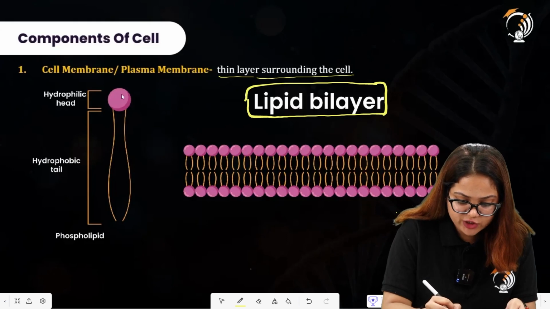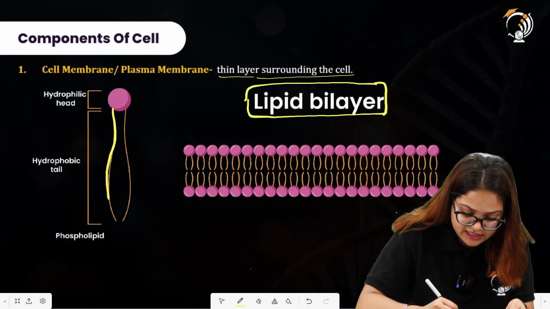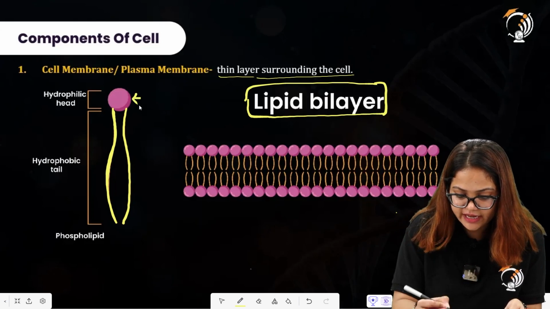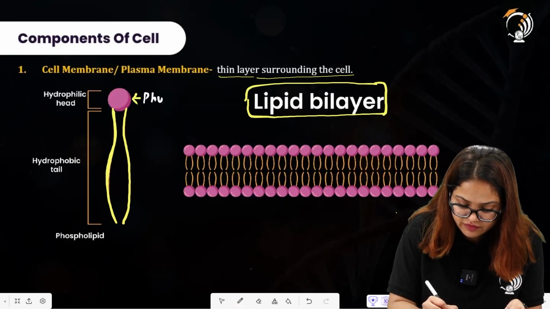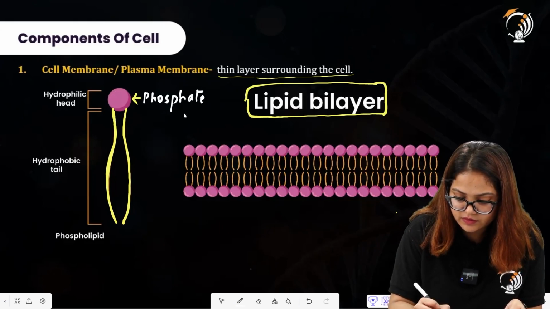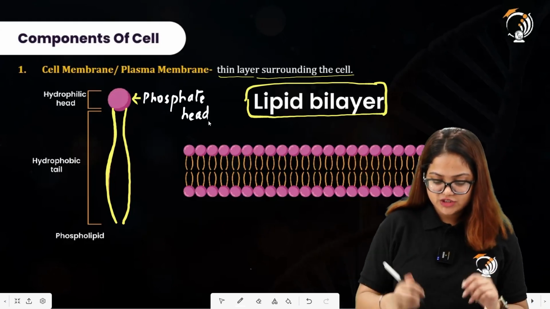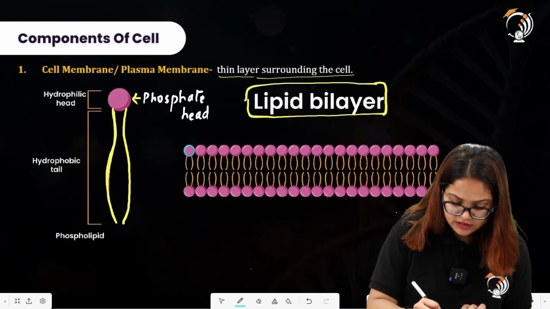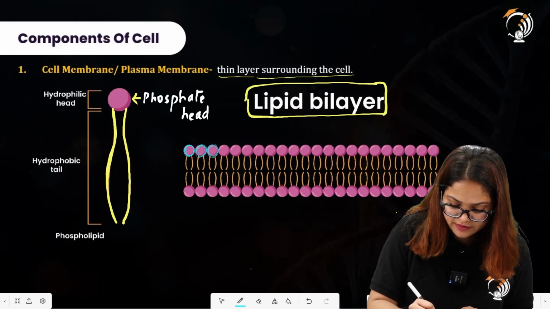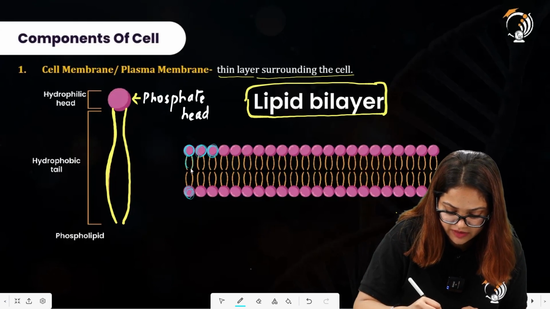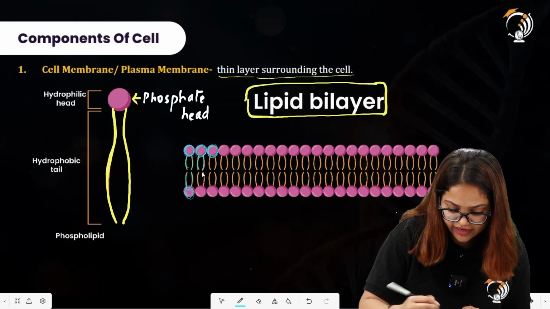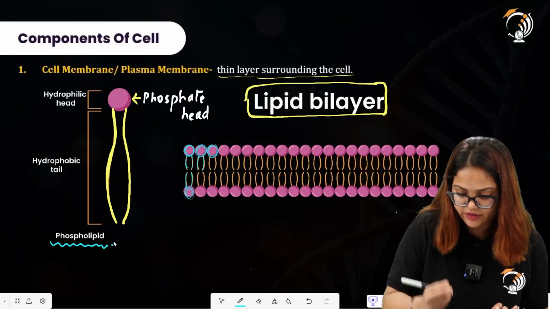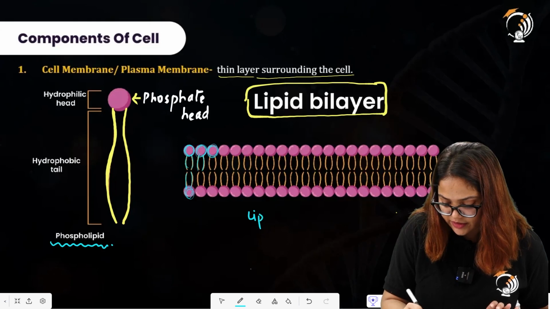We have these hydrophobic tails, and these tails are of fatty acids. Then we have the hydrophilic head, and these heads are of phosphate. This diagram represents all of these structures: the hydrophilic head of phosphate, and to the inner side we have the hydrophobic tails of fatty acids. So this is a phospholipid.